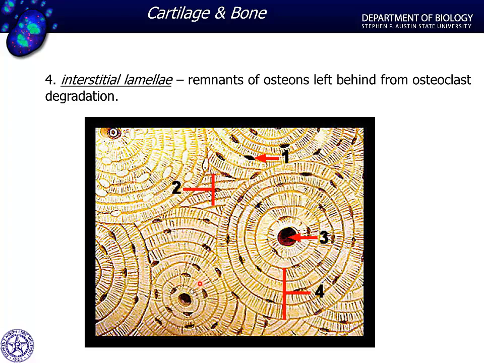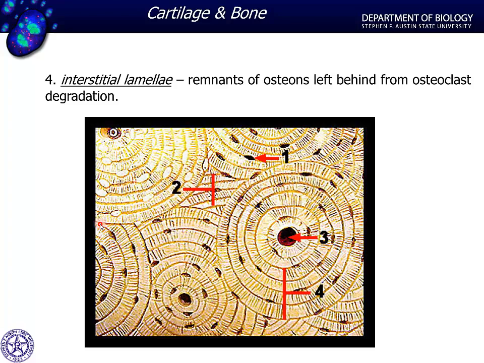We can see how it has overridden this osteon, which means this osteon is older than this one, because osteoclasts have remodeled or taken away this portion to allow this one to grow. This osteon is younger than this one. Same thing has happened here. You can see it's overridden.